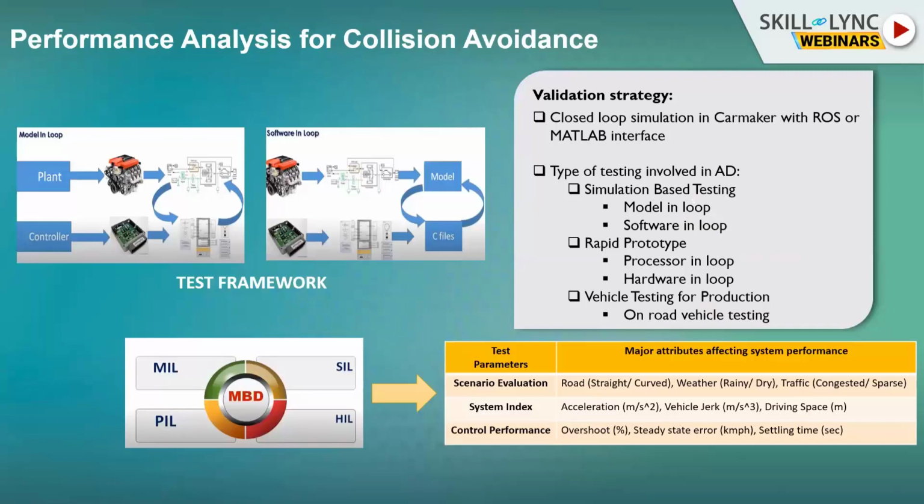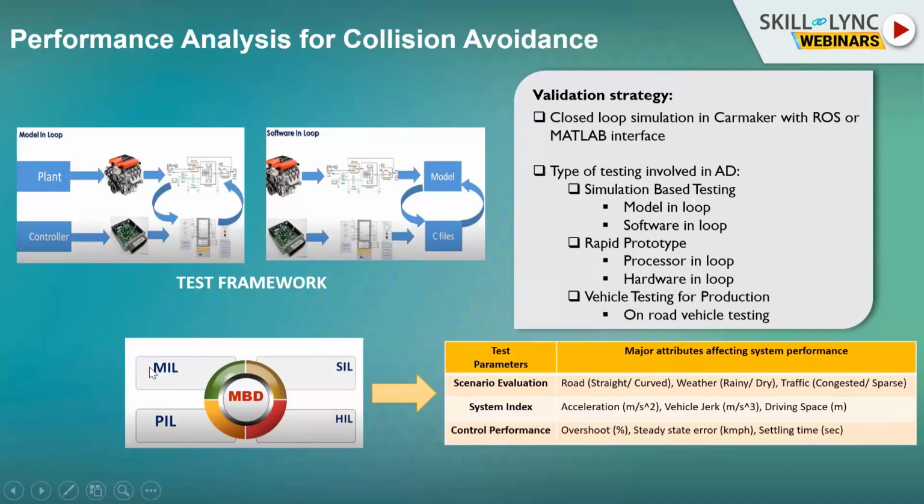This is specifically about the performance analysis: how, after the algorithm has been implemented, it is tested on the vehicle, or before that on a simulated platform. It starts with MIL, model in loop, then moves on to SIL, software in loop, then PIL, processor in loop, and HIL, hardware in loop.